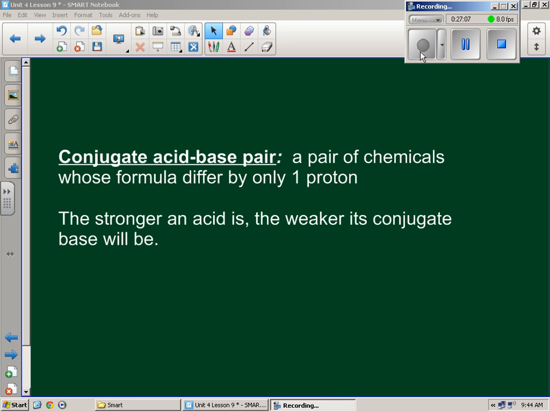But real quick here, once again, the stronger the acid, the weaker its conjugate base, right? As always, guys, when you look at this table, they'll probably ask you a question about strong acids, weak bases, organize them or something. Remember, the strong acids are at the top. As you go down, the acids become weaker and the bases get stronger.